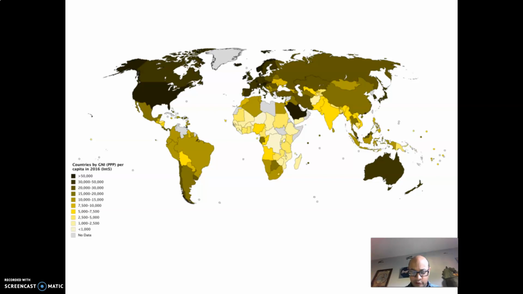More recently, though, GNI, which is gross national income, GNI per capita has become a little bit more of a better measurement of economic development. It's increasingly more popular because it calculates the monetary worth of what's produced within a country plus investments from outside the country as well. So it's a very accurate way of measuring wealth.